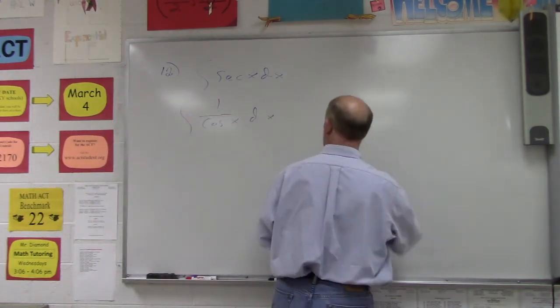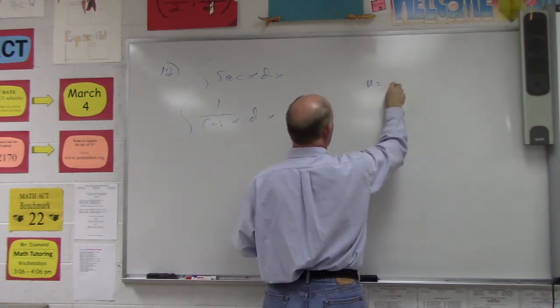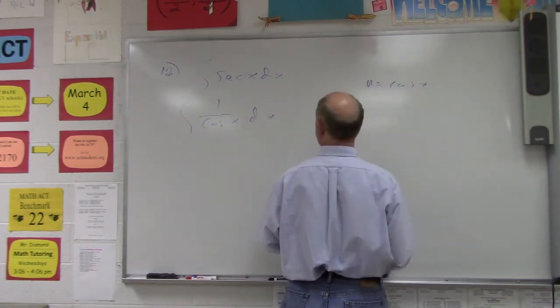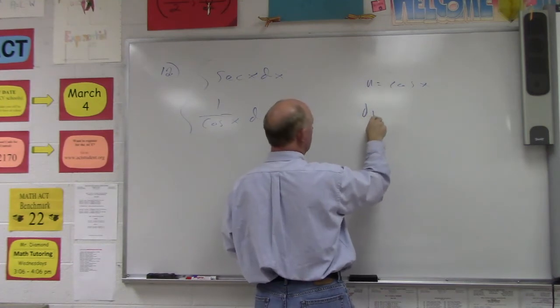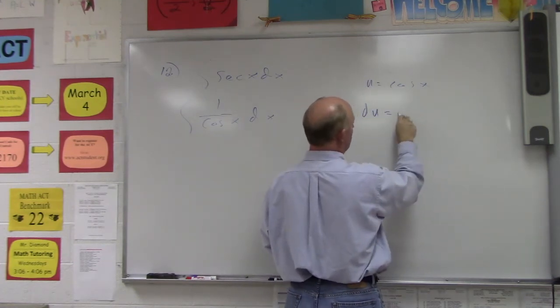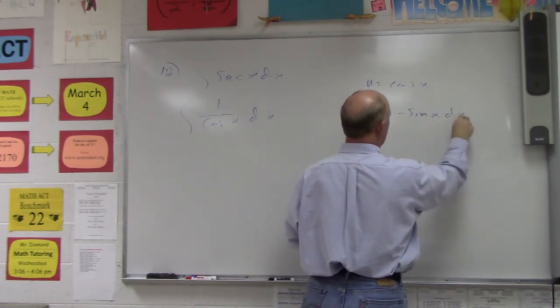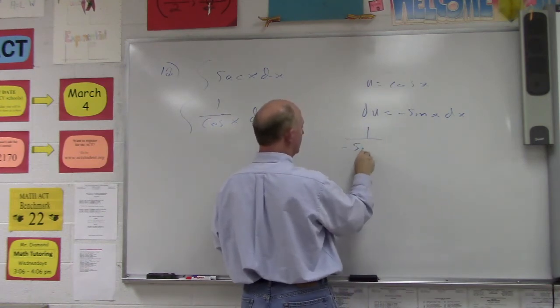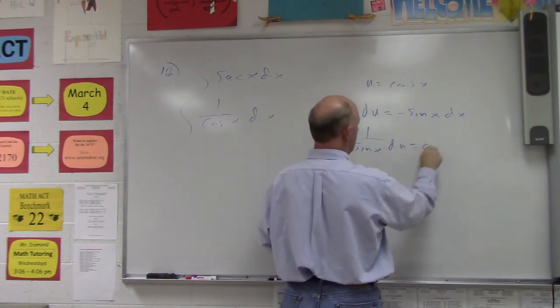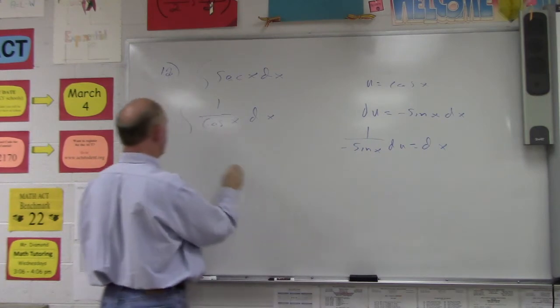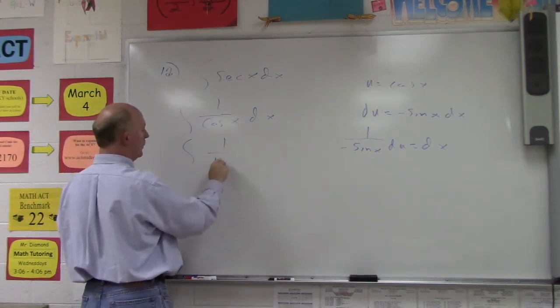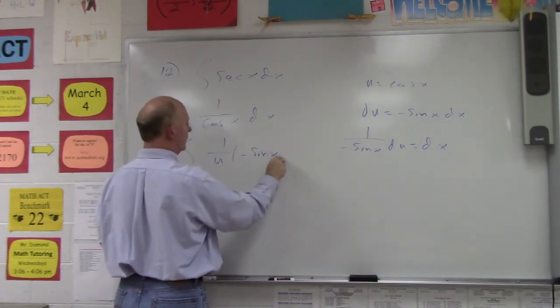And let's let u equal cosine x. du is equal to, now the derivative of cosine is negative sine, so it'll be negative sine x dx. And it gives 1 over negative sine x du equals dx. So substituting this back in now gives the integral of 1 over u times negative sine x du.